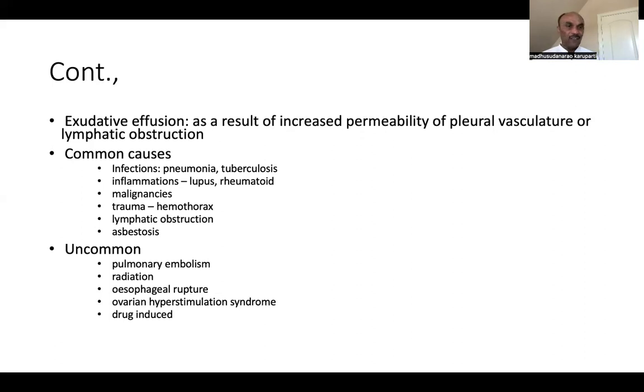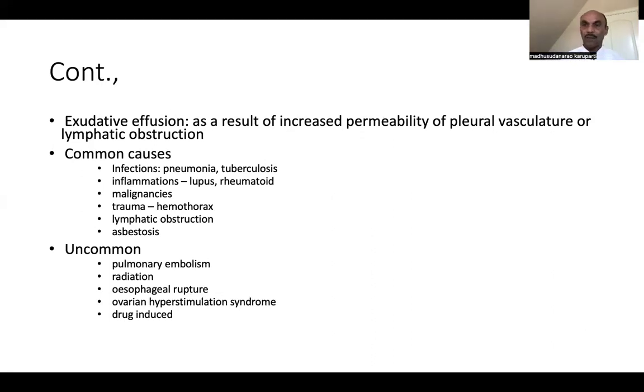The conditions that cause the exudative pleural effusion include infections, that is pleuritis, such as pneumonia, tuberculosis, systemic inflammatory conditions like lupus, rheumatoid arthritis, malignancies, trauma resulting in hemothorax, lymphatic obstruction and asbestosis.